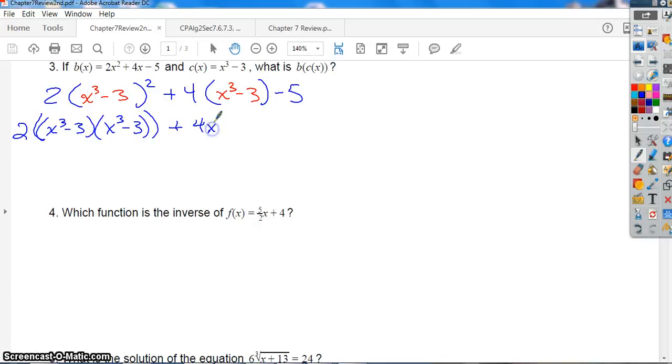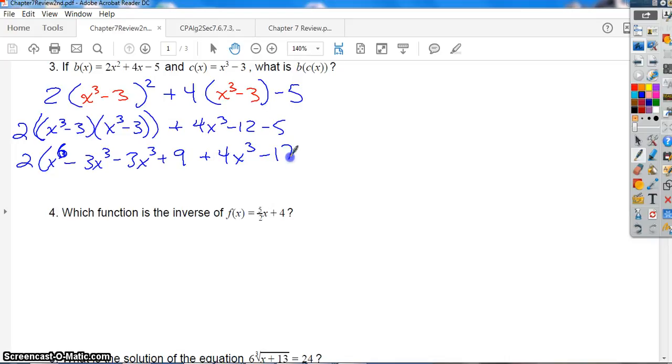This will be 4x cubed minus 12 minus 5. All right, so 2 times x cubed minus 3, x cubed minus 3. I'm sorry, this is x to the 6th, minus 3x cubed, minus 3x cubed plus 9. This is plus 4x cubed minus 17. Remember, this is all being multiplied by 2. All right, so this is 2x to the 6th.